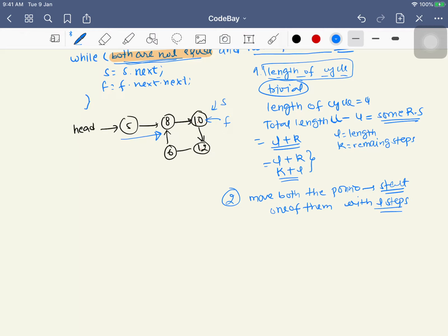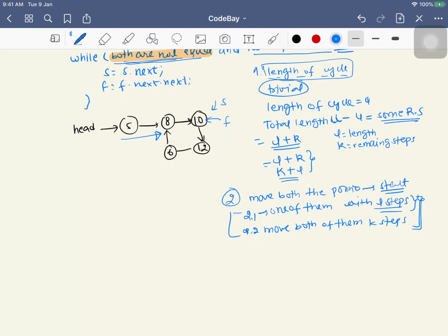Once the first one has taken L steps, then move both of them K steps. This is actually the core of our algorithm. So let me try to explain it in very clear and easier terms.